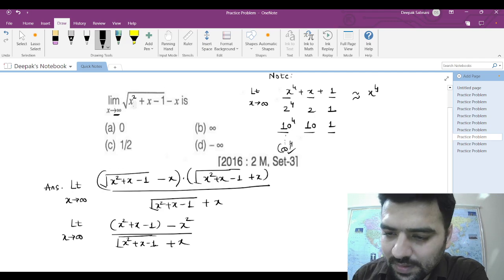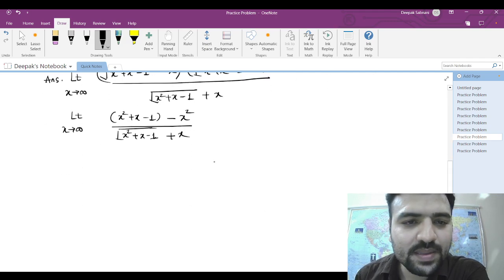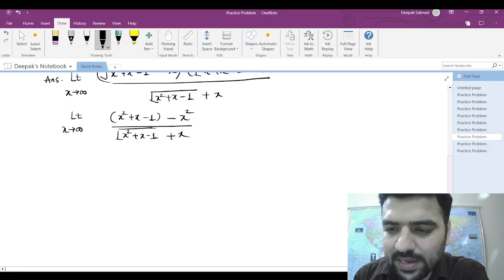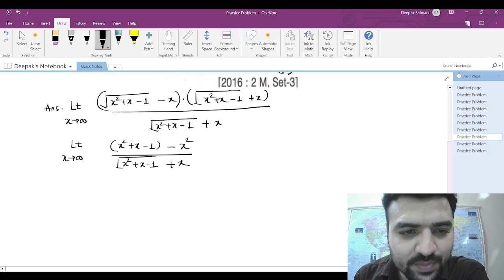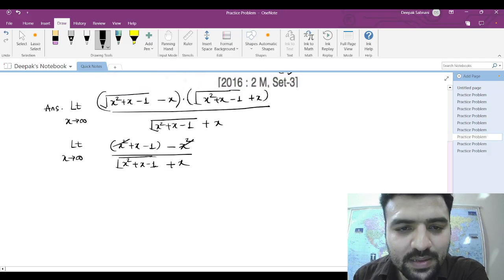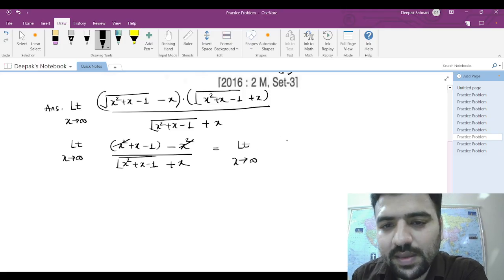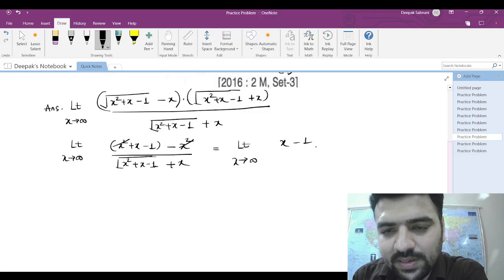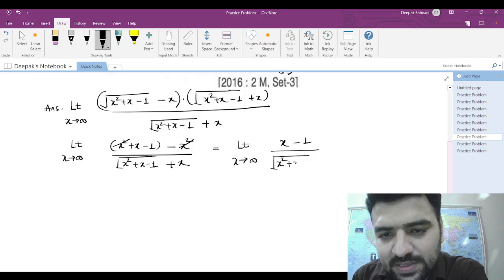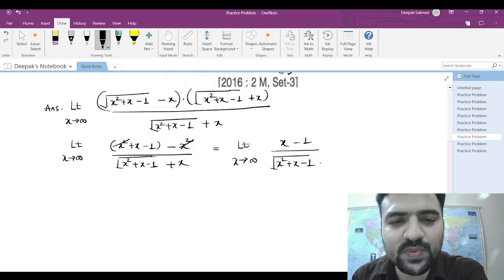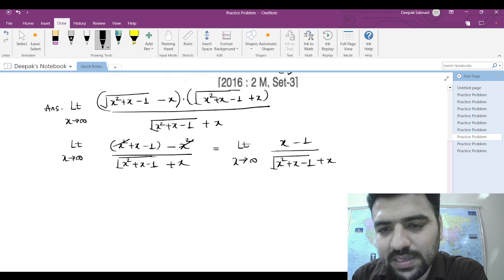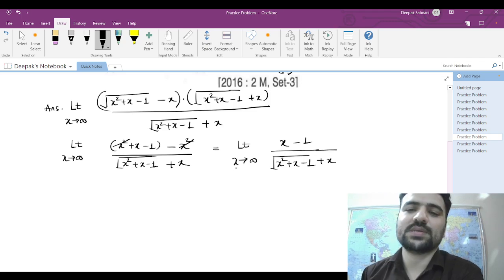Now you can simplify this. The x square and x square cancel out, and this becomes the limit as x tends to infinity of x minus 1 divided by root of x square plus x minus 1 plus x.